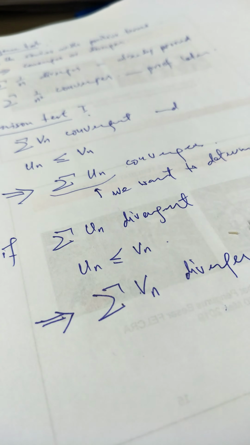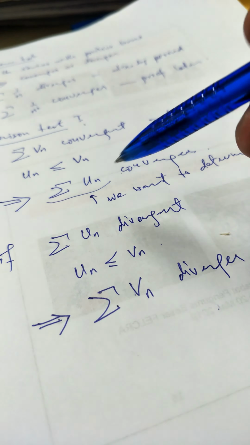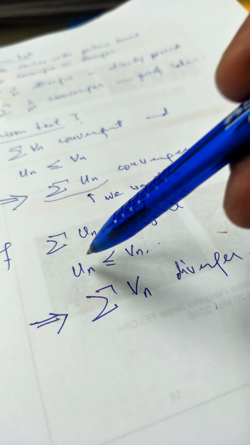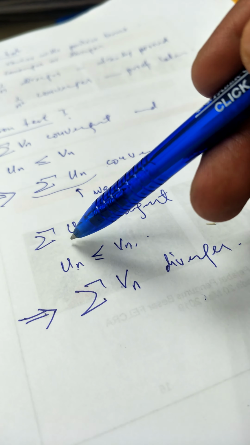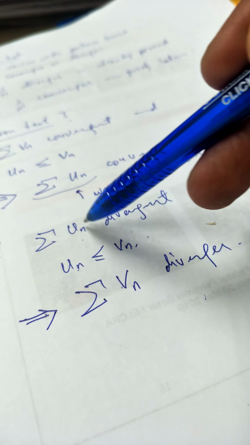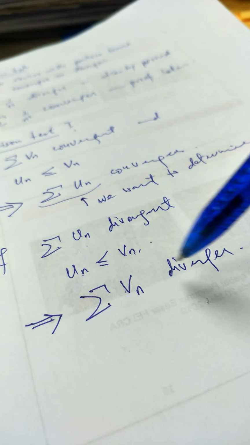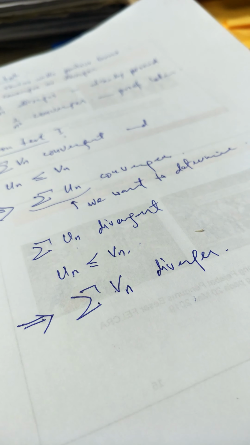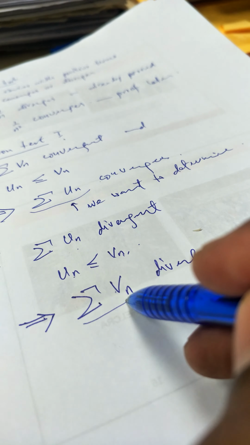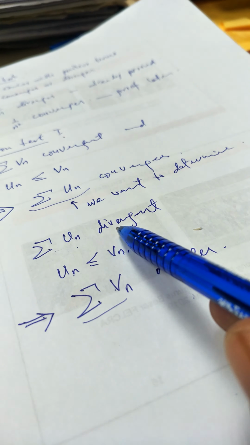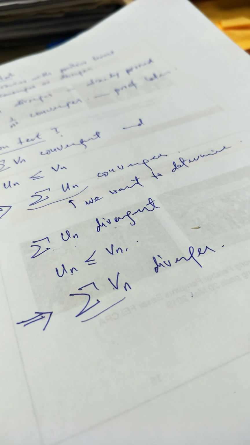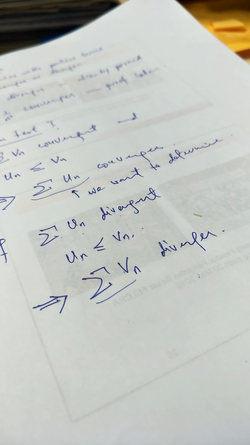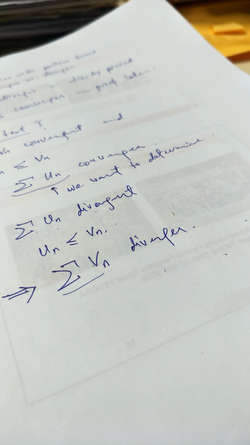For the divergent case, look at this, Un is smaller than Vn, so if the smaller series diverges, the bigger series also diverges. This is the one that we want to determine, and this is the one that we select, whose behavior we already know. So we call this comparison test 1. I'll give you an example later.